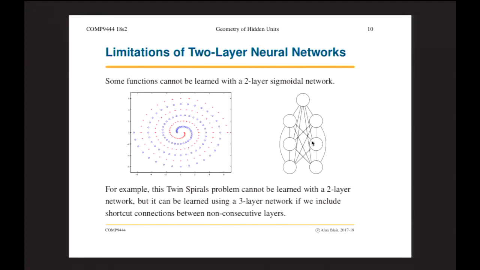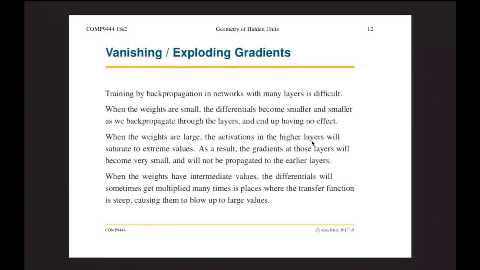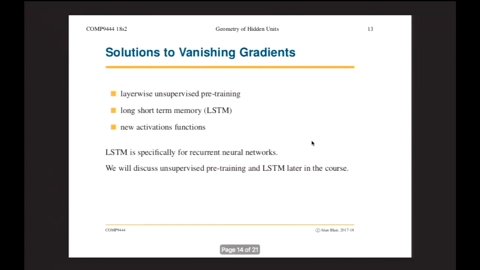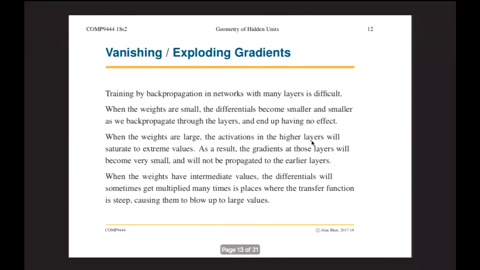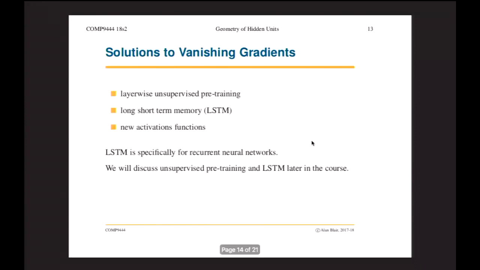This was a problem that people really struggled with around the late 90s and early 2000s. There were a number of different things that helped to alleviate this problem. Today I'll just talk about a couple of them, and then we'll get to more later on. One solution came in the form of what's called layer-wise unsupervised pre-training.